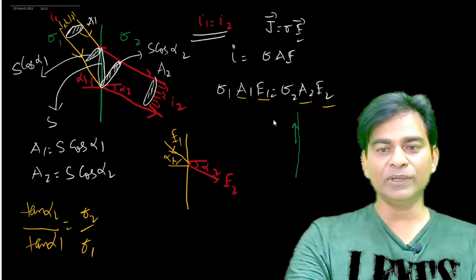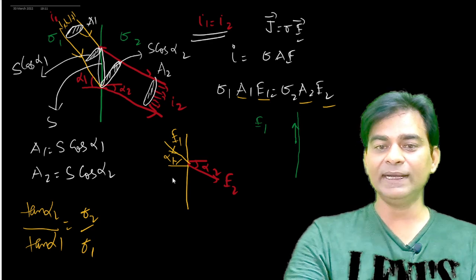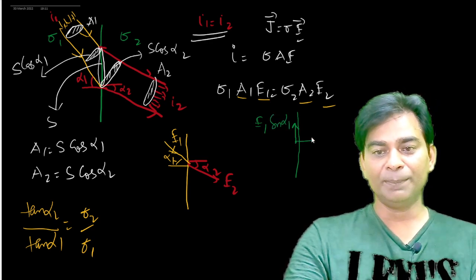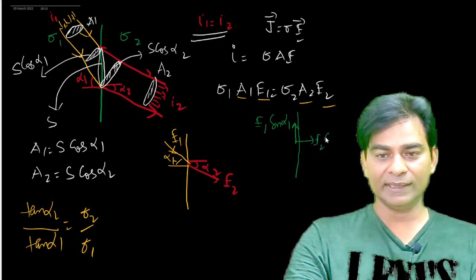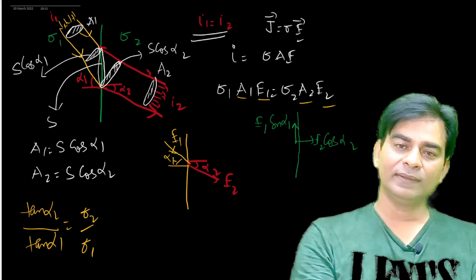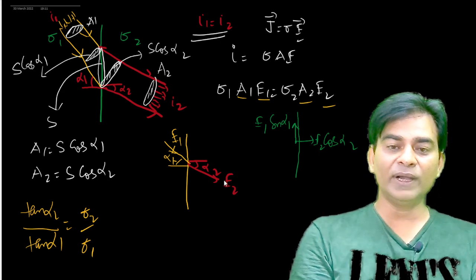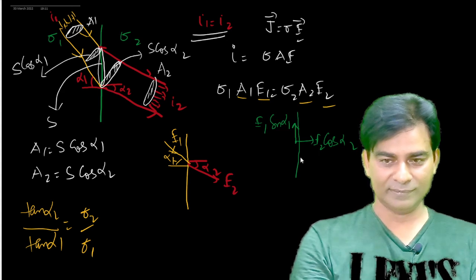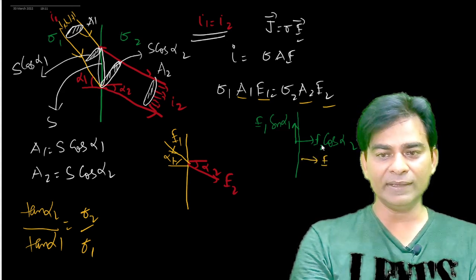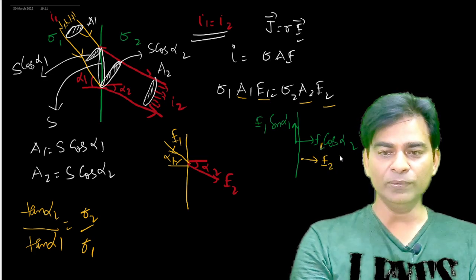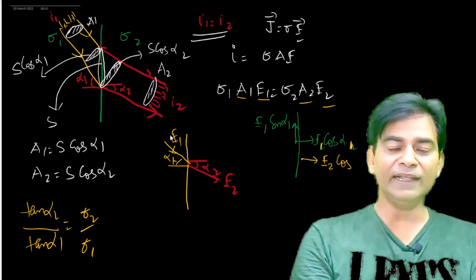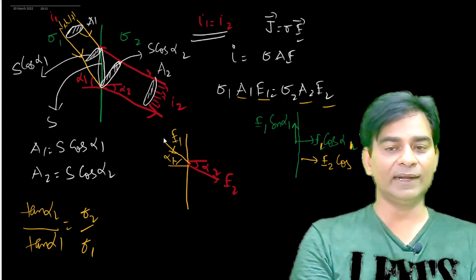The parallel to the boundary component on the left side is E1 sin alpha 1, and perpendicular to the boundary it is E1 cos alpha 1, because I am writing components of the left electric field.